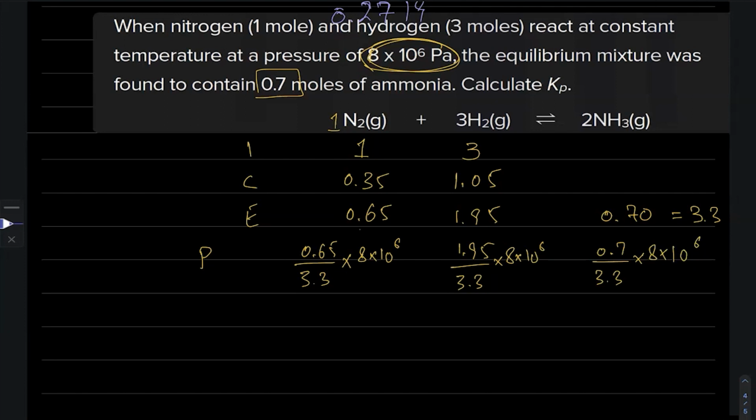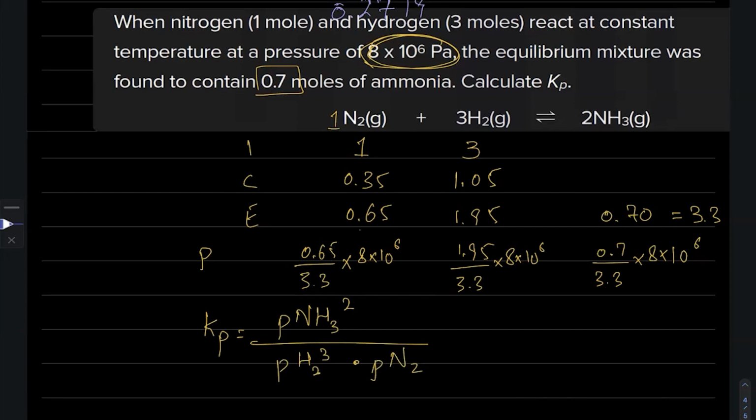And now to find Kp, all we have to do is take pressure of ammonia squared divided by pressure of hydrogen cubed times pressure of nitrogen. Plug in the values and you have your Kp ready. We are going to do a few more examples of this, and I will share those examples with you.